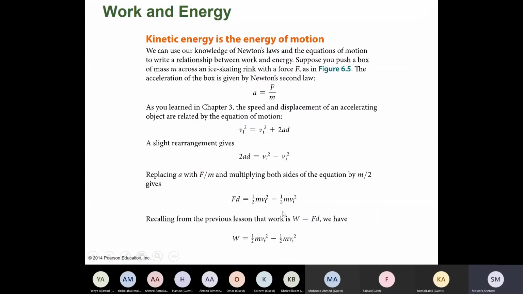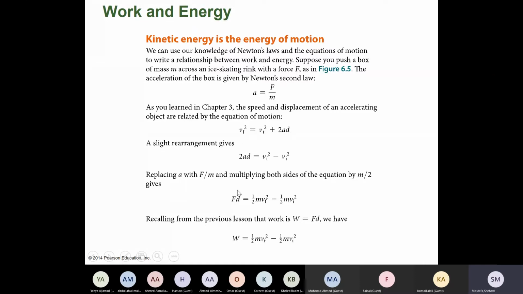So if we know that the acceleration equals force divided by m, this is Newton's second law. And this equation to find the final velocity, v final squared equals v initial squared plus 2ad. We can rearrange this equation to have 2ad equal v final squared minus v initial squared.